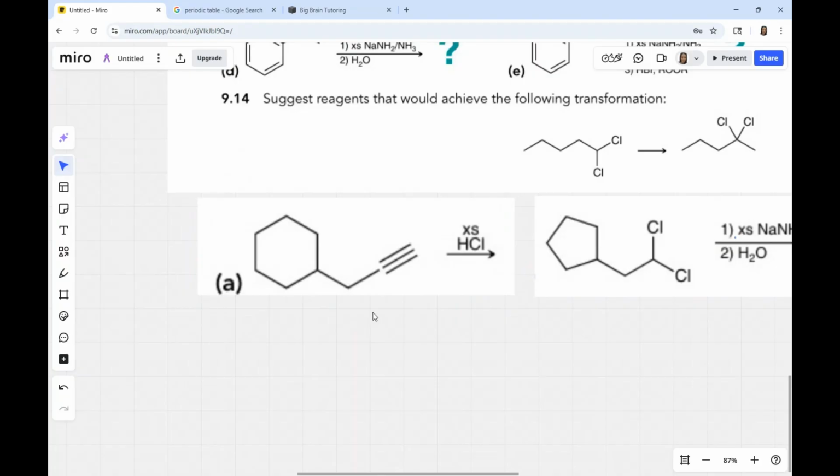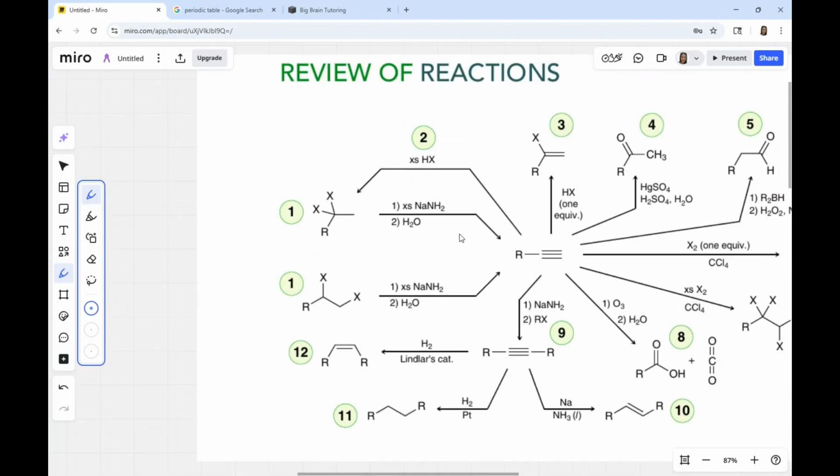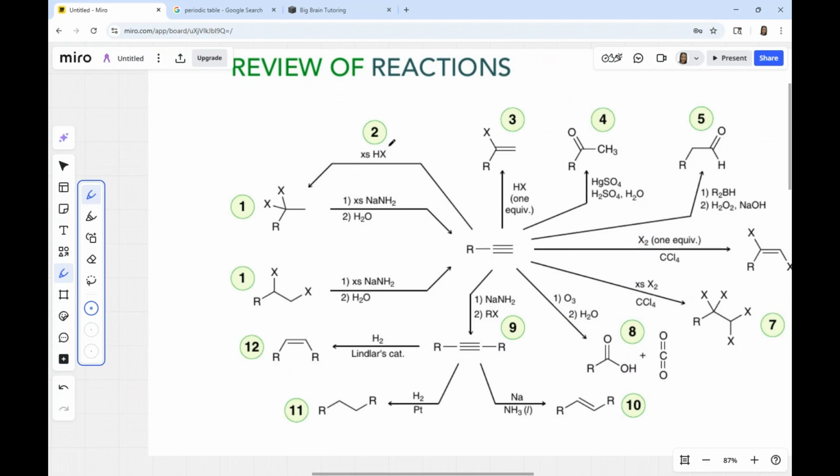Okay, so now that we have that down pat, let's do some other problems. Here we go. Okay, so what we have here is excess HCl. And so our double bond, let's see what it looks like from the chart. Excess HX of anything is going to create a geminal dihalide.